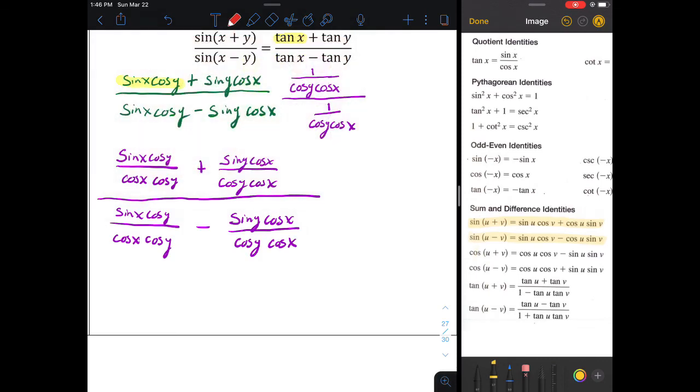And we're going to see that some things are going to cancel for us. So the cosine of y's cancel, cosine of x cancels, cosine y's, cosine x's. And then we just simplify what we're left with. So sine of x over cosine of x makes tangent of x. Sine of y over cosine of y makes tangent of y. Divided by tangent of x minus tangent of y, which is going to equal our right-hand side.